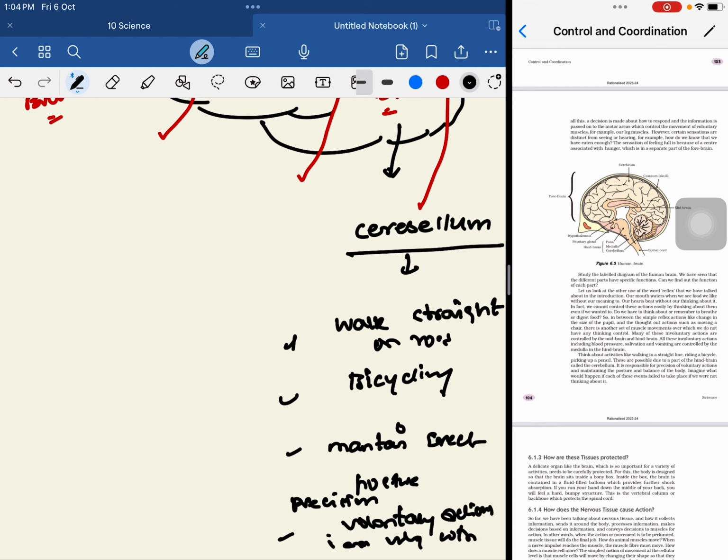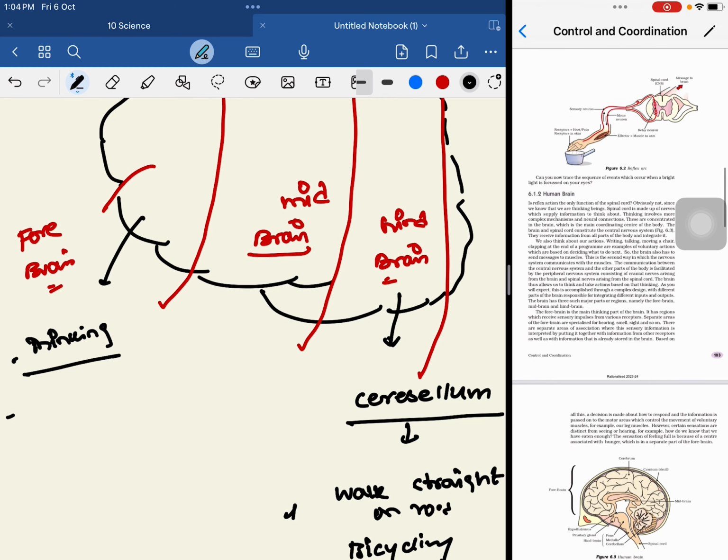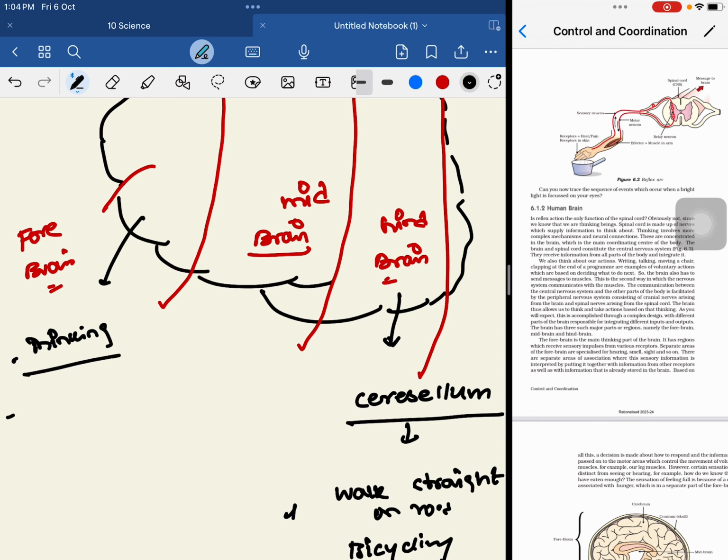The forebrain is used especially for thinking, and it is also essential for gustatory sensations. I have already told you about receptors like smell, taste, sound.